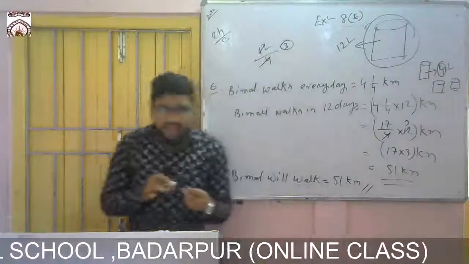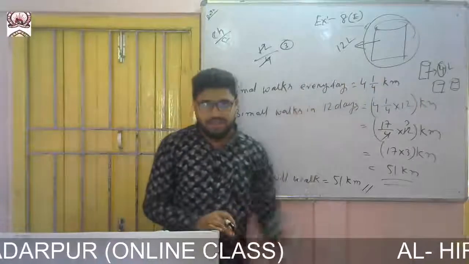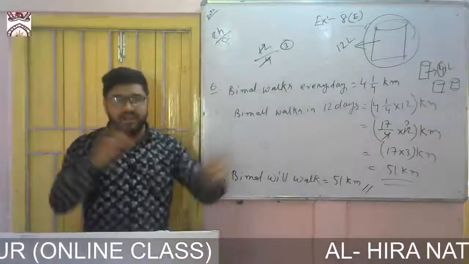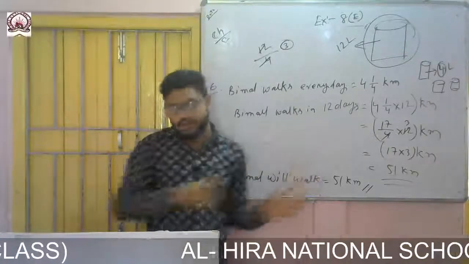Understood. So here I have taken 12 and 4 as an example, but in this question it is given as a fraction, nothing more than that. The main thing is that I need to divide.